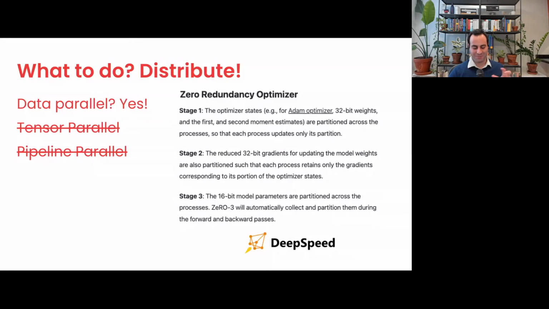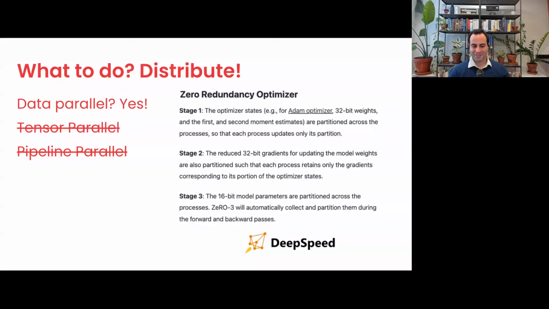Then I collect all the pieces of the next layer on every GPU, use that layer, and then shard it again. So I can spread the model weights over all the GPUs, and in doing so, I can almost treat my GPUs like one big shared memory instead of all these different individual memories.